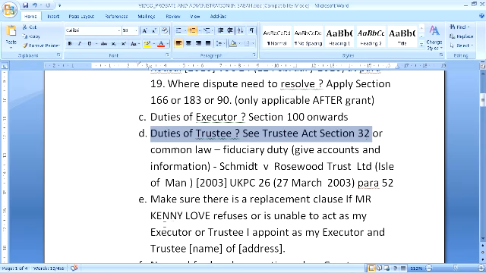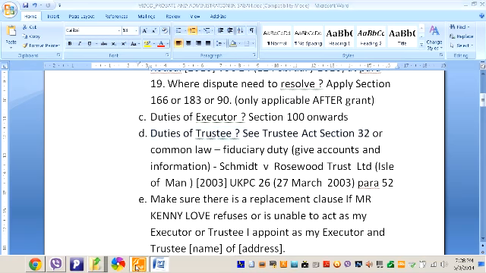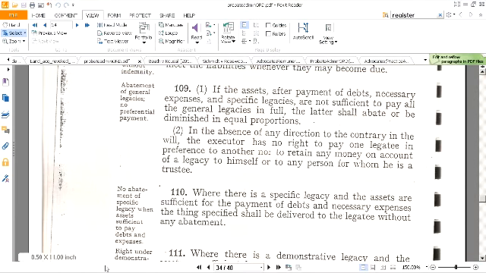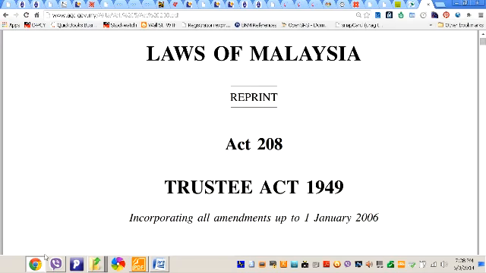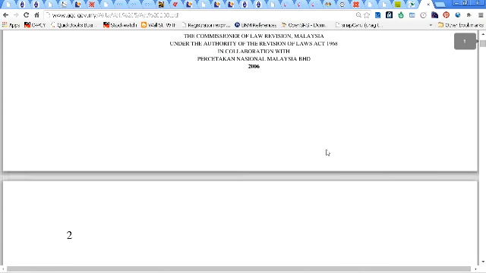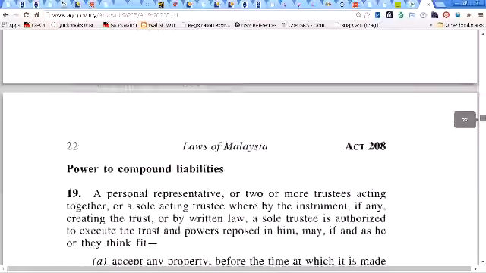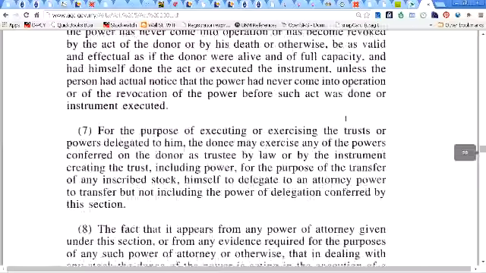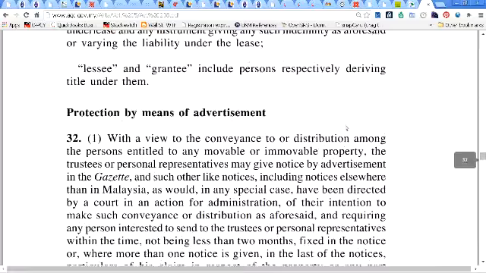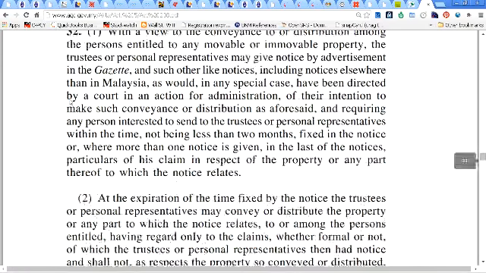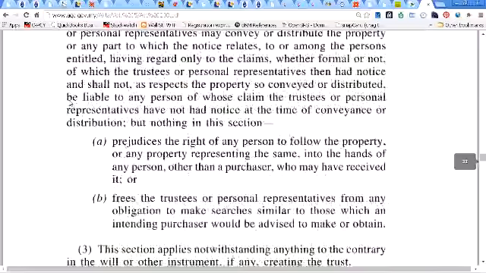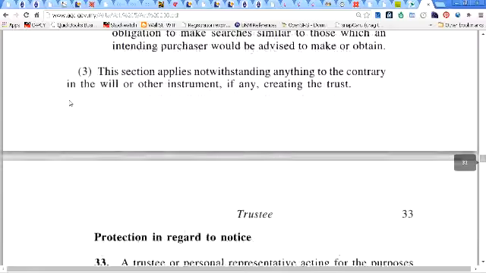As trustees, you can look at the Trustee Act, which is applicable to the whole of Malaysia. I only pointed out section 32 because section 32 requires you, the trustee, to make notices to the world once you decide to distribute any part of the properties.